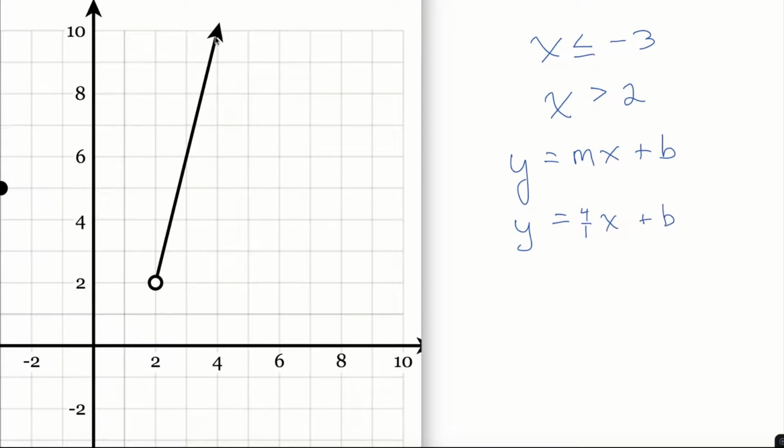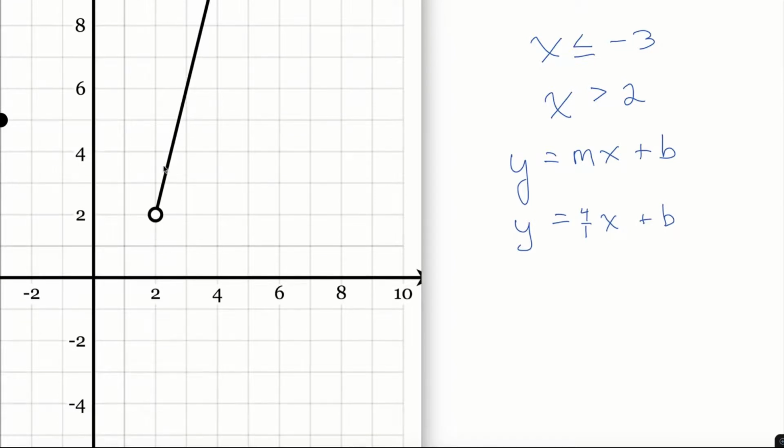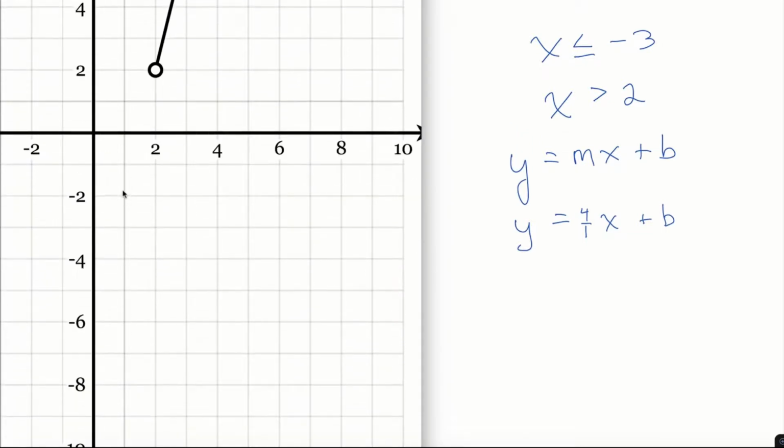But can we tell what the y-intercept is? Well, we have to extend this line. So going backwards, we would go down 4, left 1. We'll go down 4, left 1 again. And then from 1, negative 2, we'll go down 4, left 1 again.